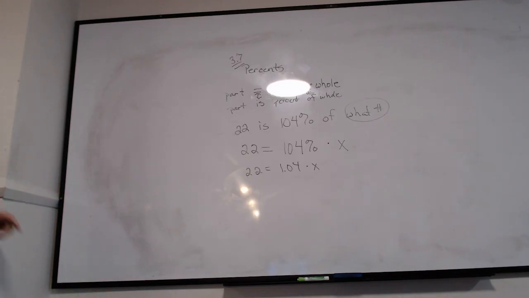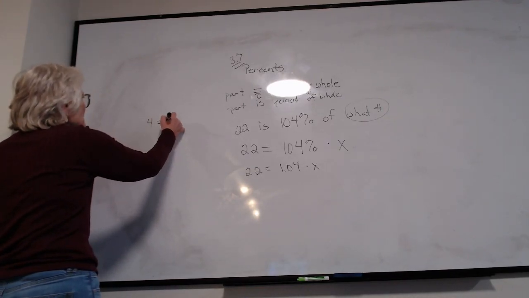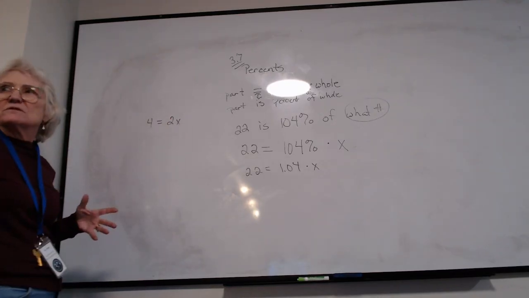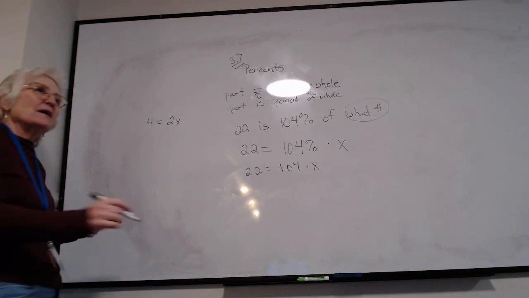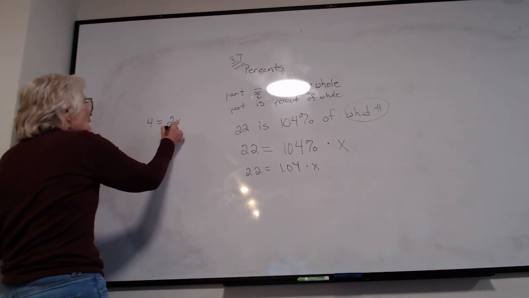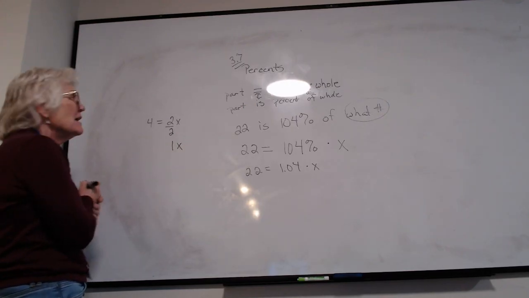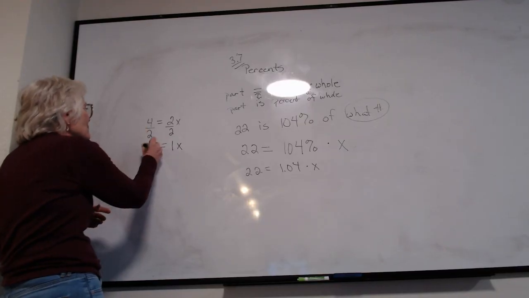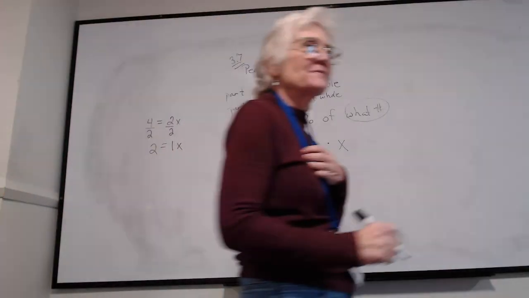Remember when we had things like 4 equals 2x? Most of you can look at that and say it's 2, but I want to make this 1x, so I would divide both sides by 2, so 2 is equal to x.